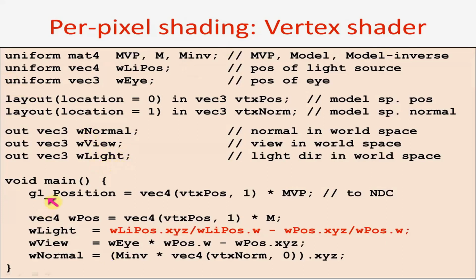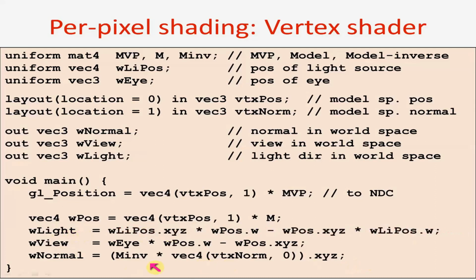In addition to the usual task of transforming the model space location of the point to normalized device space and writing out the result into the GL position register, preparation includes the transformation of the point to world coordinates and the computation of illumination and view directions. Again, we can use the trick introduced on the previous slide, which enables the uniform treatment of point and directional light sources.